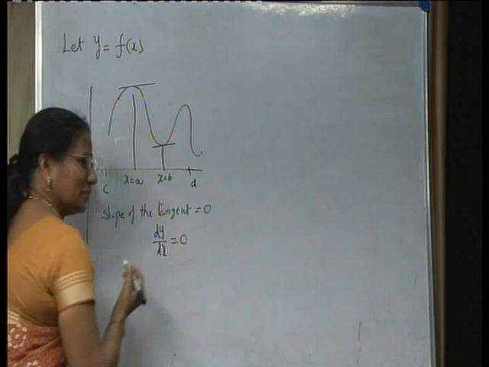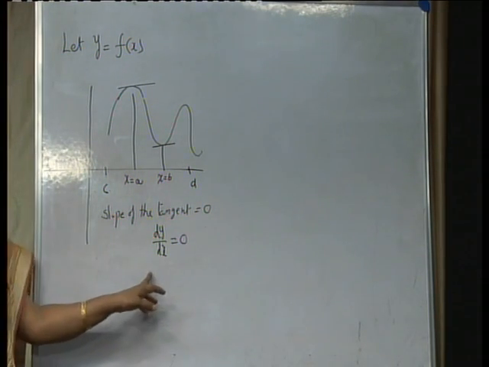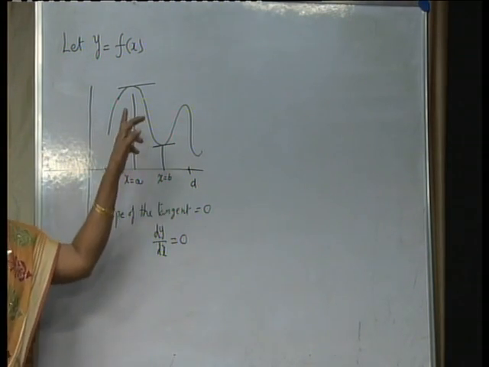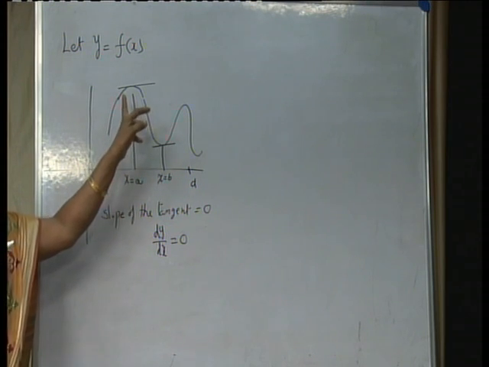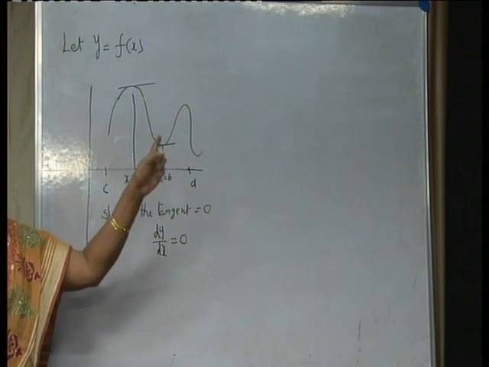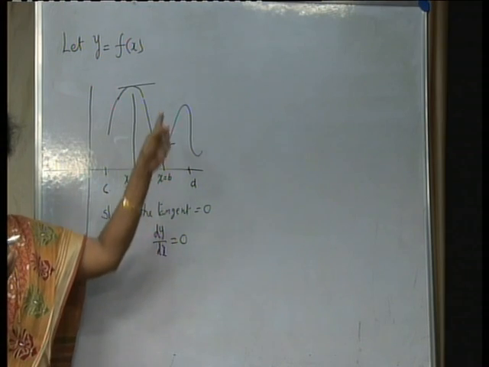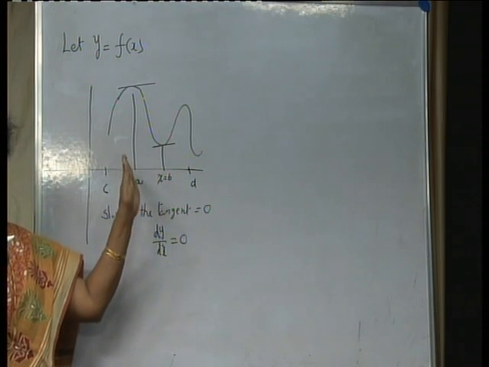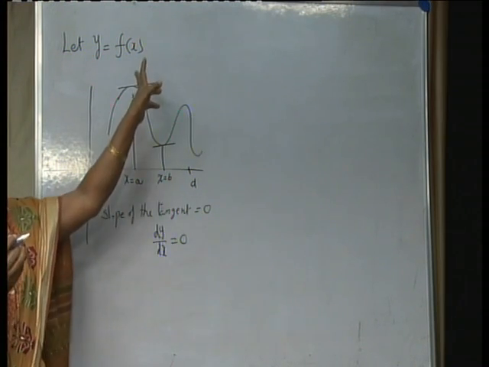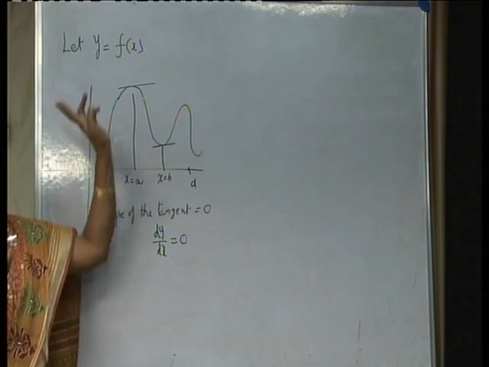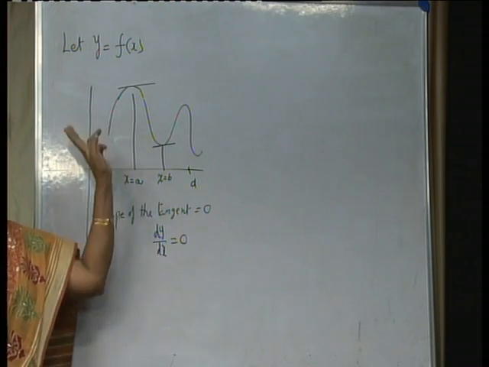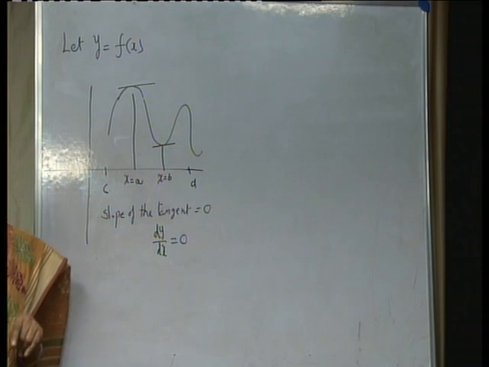Whatever it is, the value of y is maybe maximum or maybe minimum. At every point where it is maximum or minimum, if you draw the tangent, that tangent is parallel to the x axis, therefore dy by dx is equal to 0.